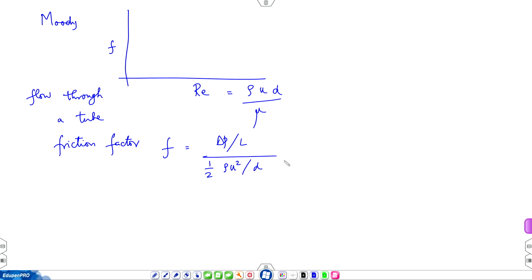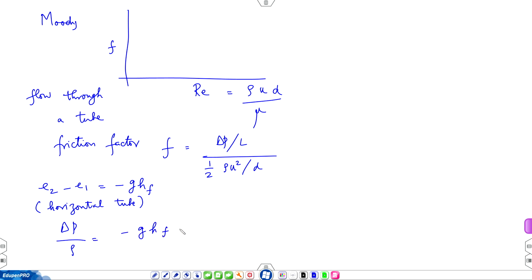So, if you remember a horizontal tube, this is the governing equation for a horizontal tube, which tells you that delta P over rho is, well, actually this delta P is P2 minus P1.